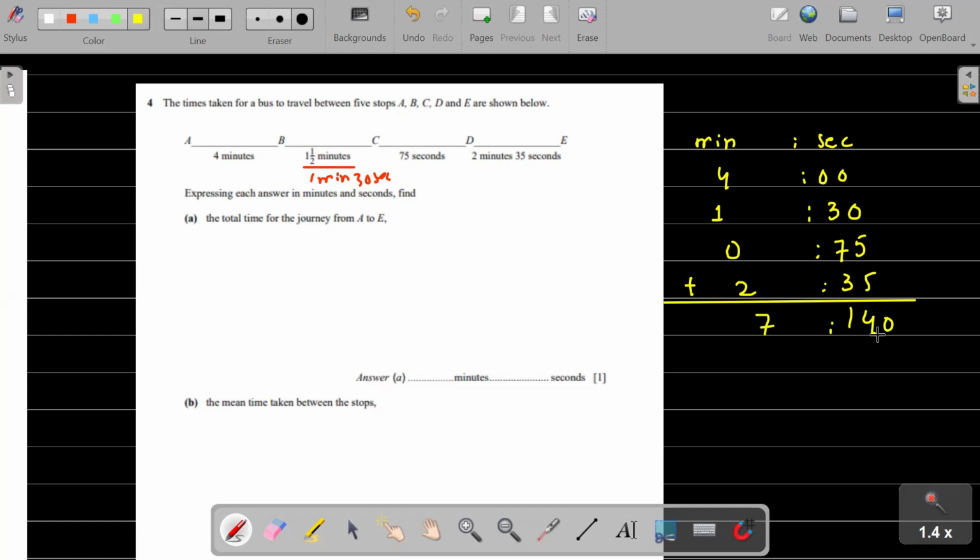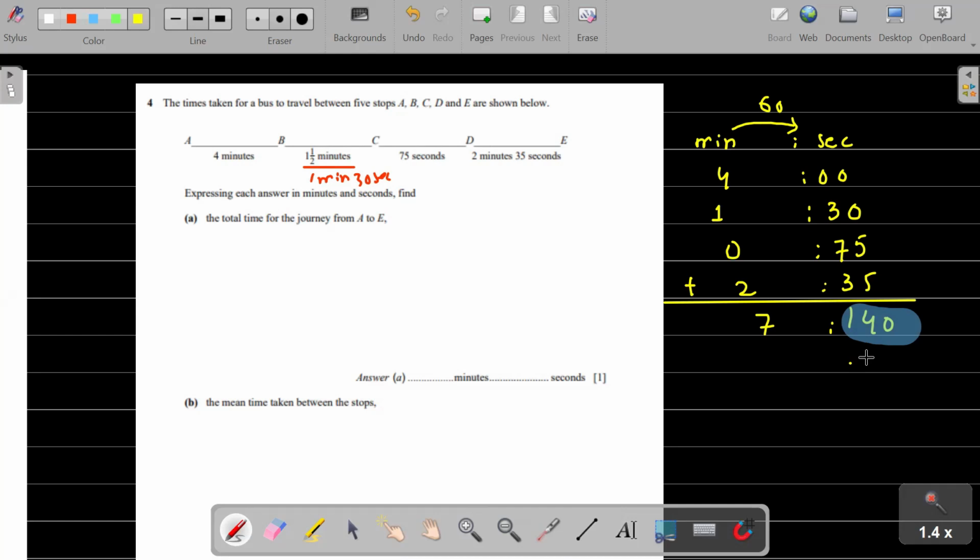You can see that, as I told you before, our seconds cannot exceed 60 because the difference between second and minute is 60. Okay, 1 minute is equal to 60 seconds. So our minutes cannot exceed 60 in the case of hours, and our seconds cannot exceed 60 in the case of minutes.